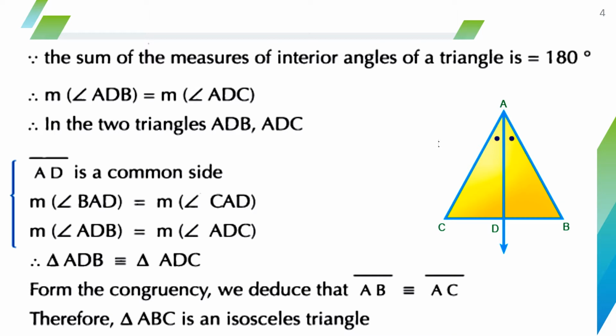From the congruency we can deduce that AB is congruent to AC, therefore the triangle is an isosceles triangle.